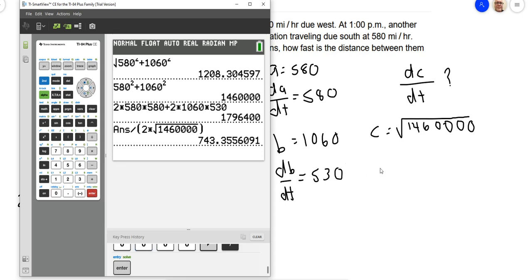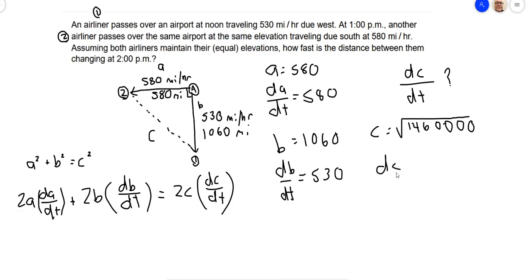So dc over dt is equal to 743.4, and that would be miles per hour. So what that means is that at this distance here, the rate of change between the two airplanes is 743.4 miles per hour.